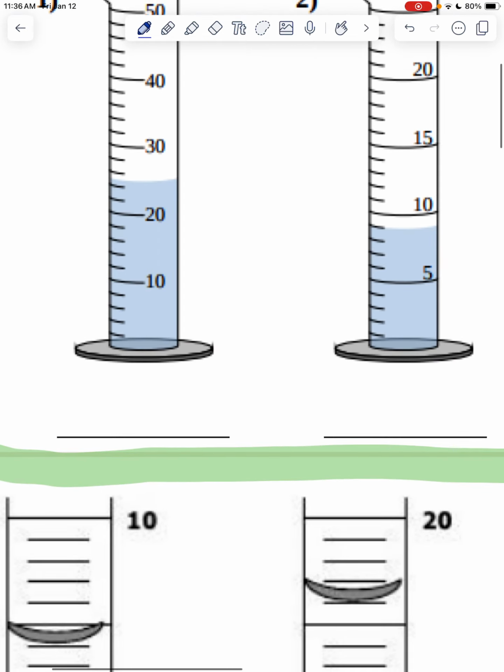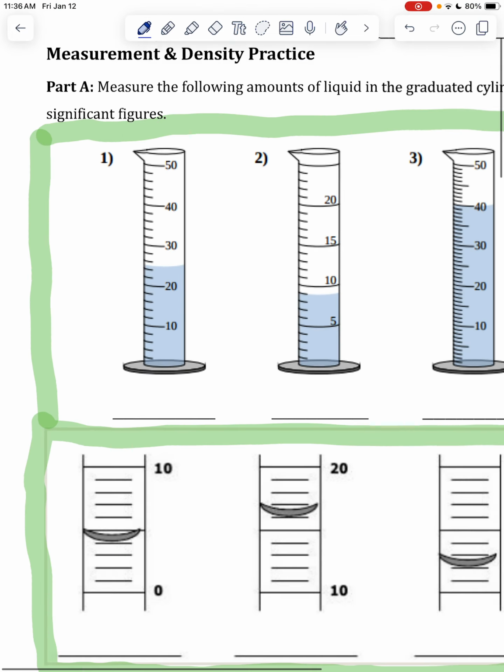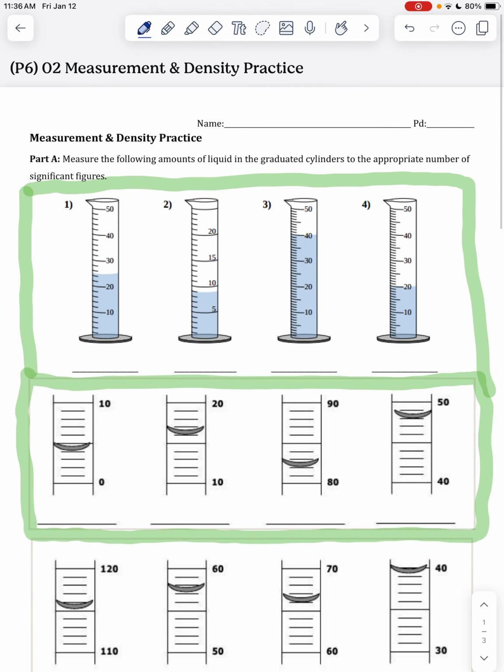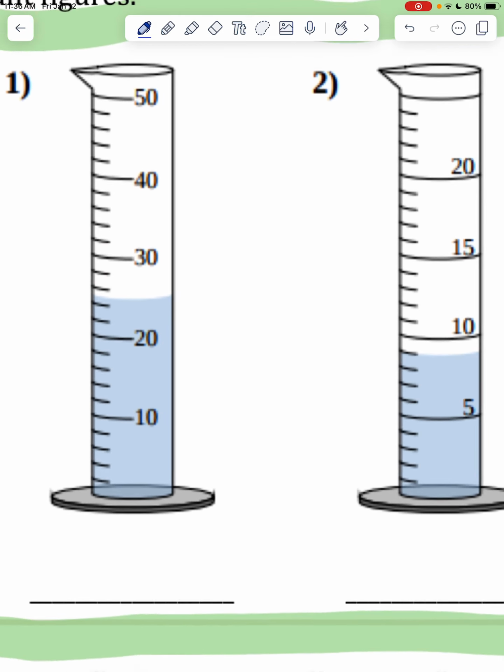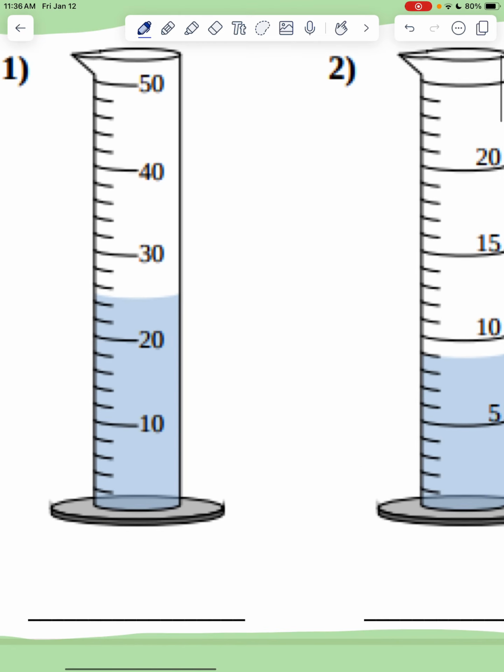So remember, your goals are to, for all of these, figure out the increments of measurement that each line represents. And in this case, it is not 1. Each increment actually represents 2 milliliters for that one. Now because of this, when we look at our measurements, we're reading from that meniscus there at eye level.